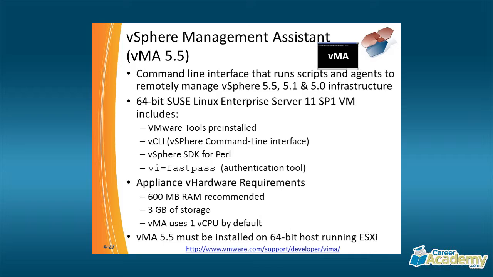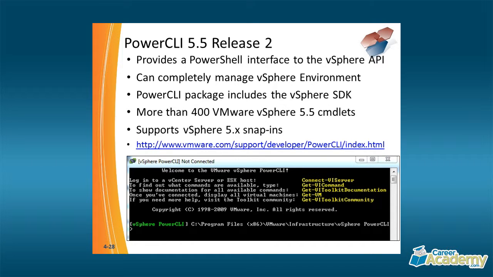It already has VMware Tools installed. It already has the vCLI installed for Linux. It has the SDK for Perl, and it has VI FastPath, which again is mentioned in the next class after this one. Another, and probably arguably the most powerful command line utility available to you free for download, is PowerCLI.